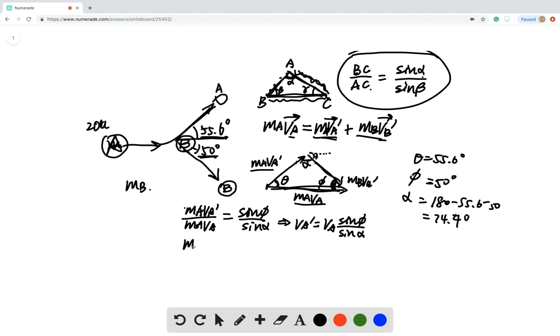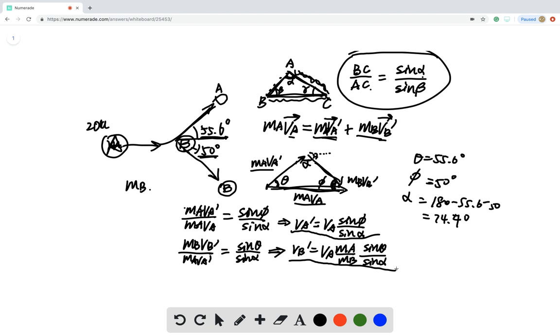We have mB vB prime over mA vA equals sine theta over sine alpha, and that gives us vB prime equals vA, mA over mB, times sine theta over sine alpha. So this law of sines gives us an easy way to express the relationship between vA prime and vB prime in terms of vA.